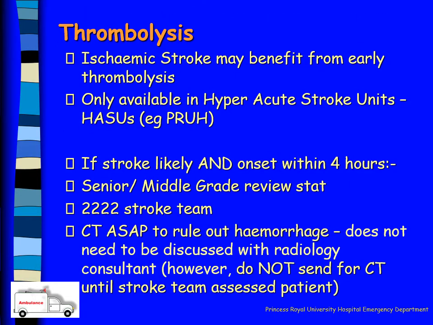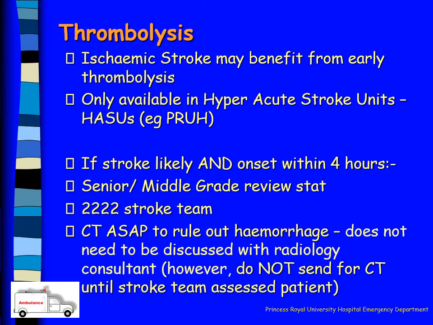So ischemic stroke may benefit from early thrombolysis. This is only available in hyperacute stroke units, of which the PRUH-ED is one. If the stroke is likely and there's been an onset within 4 hours, the patient needs to be reviewed by a senior doctor. And if we think that they've had a stroke and it's within the 4 hours, then you have to bleep 2222 and ask for the acute stroke team.